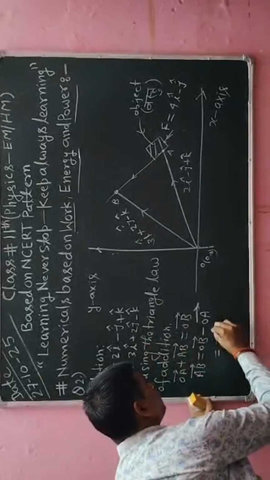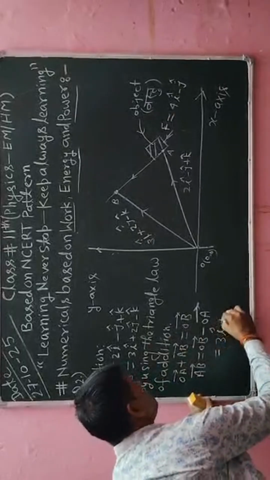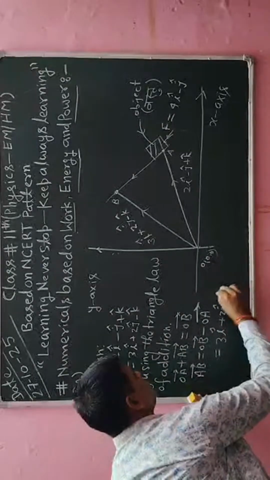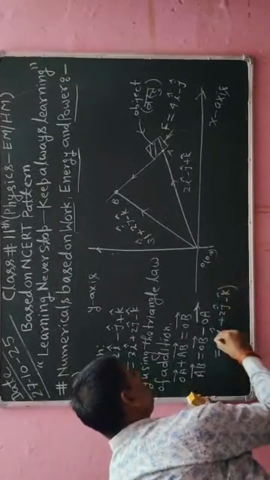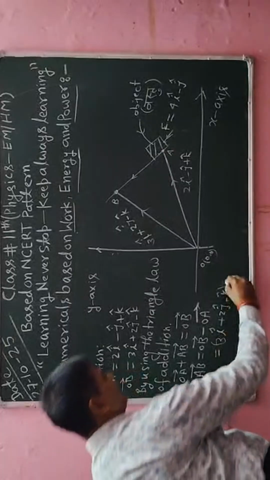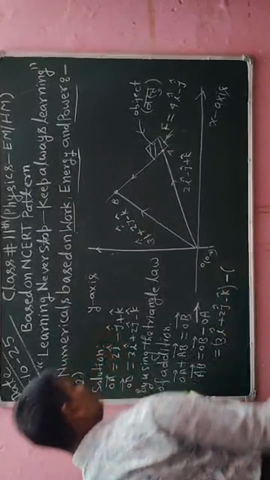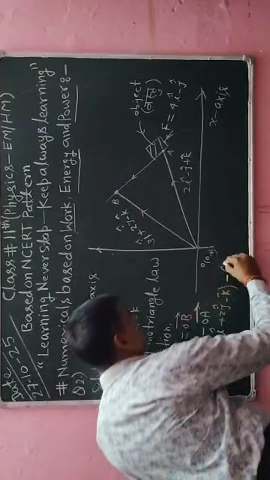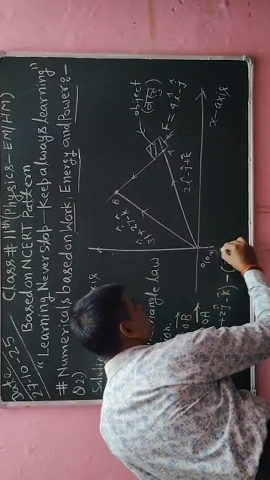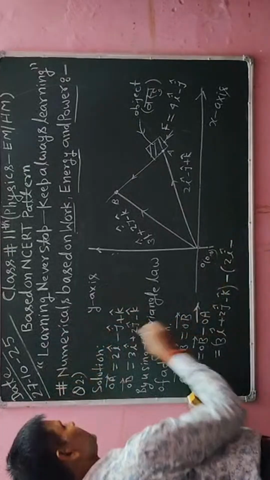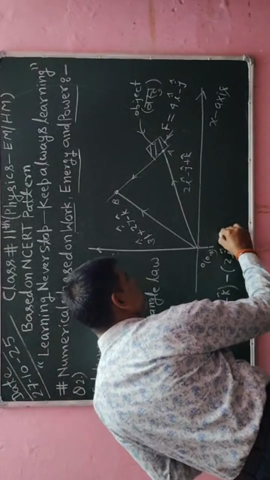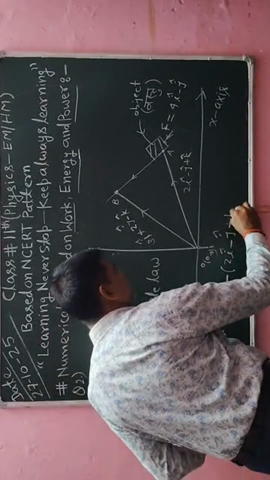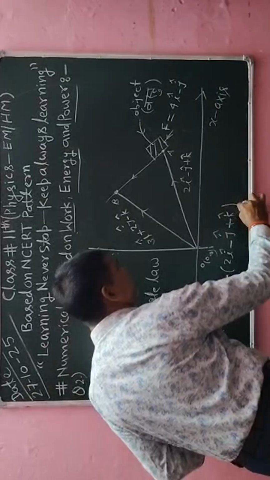3 vector i cap plus 2 vector j cap minus vector k cap. I have to write it in a bracket. Now here I will also write OA in a bracket, vector OA, which is 2 vector i cap minus vector j cap, and here plus vector k cap is available, so I have to put here vector k cap.